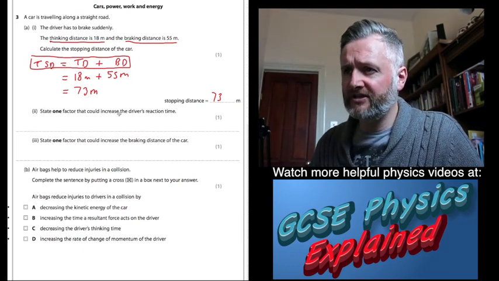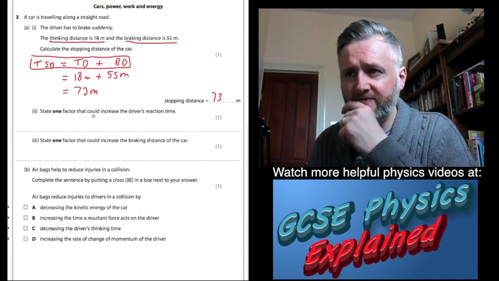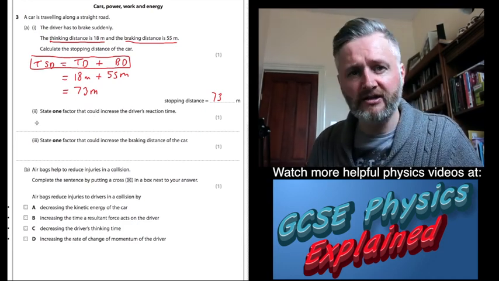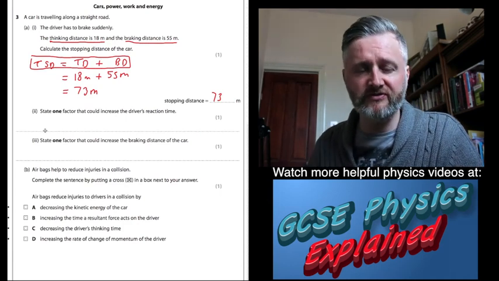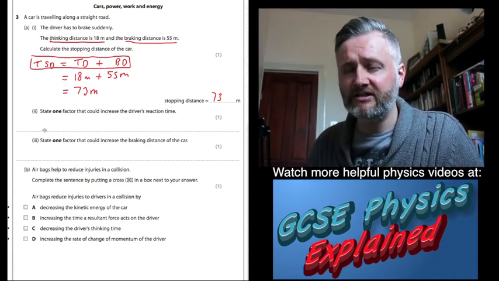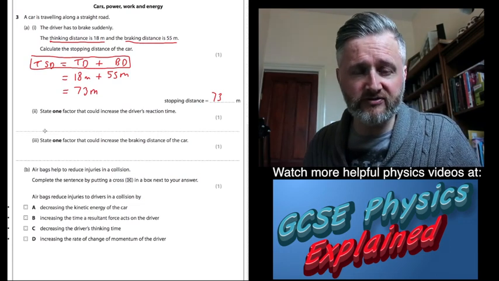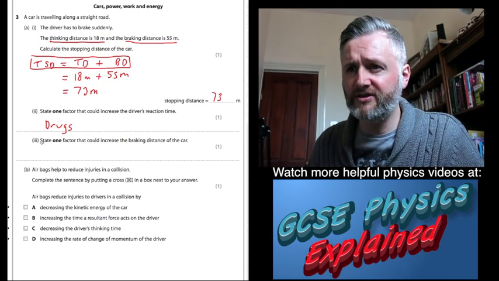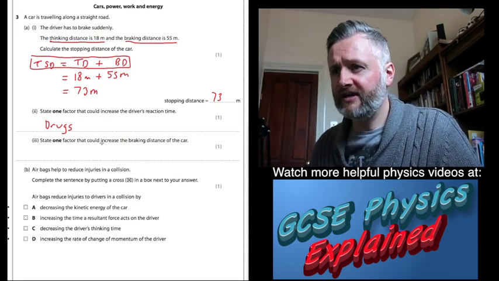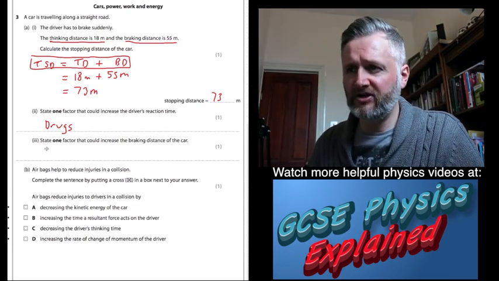State one factor that could increase the driver's reaction time. Right, well, what would make you take longer? If you've taken drugs, or if you're drunk on alcohol, if you're distracted, so if you're on your mobile phone, any of those are good. Part 3. State one factor that could increase the braking distance of the car.